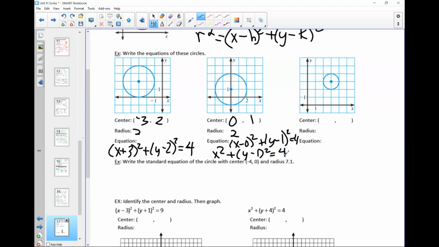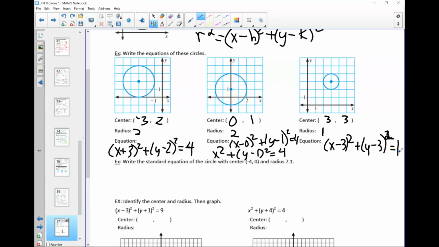And then the third example, we have 3, 3 is the center, the radius is 1. So x minus 3 squared plus y minus 3 squared equals 1.